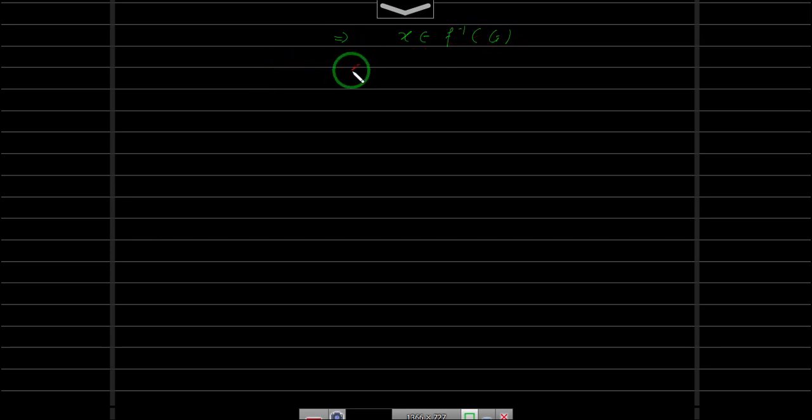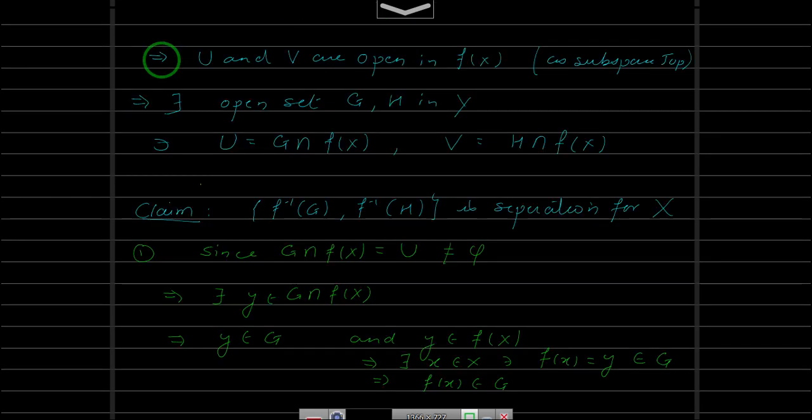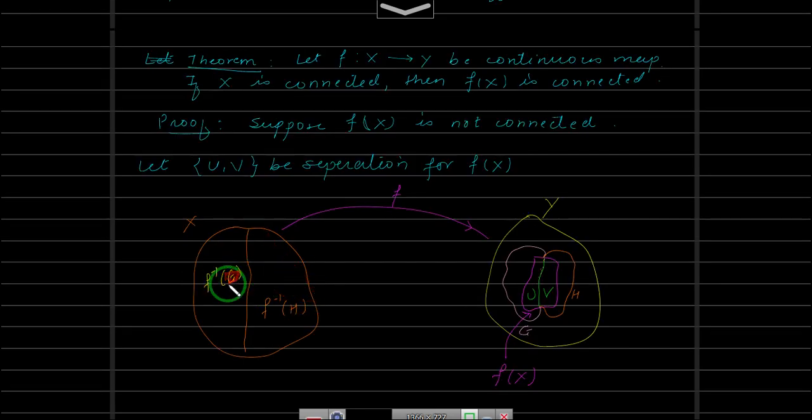Hence, f inverse of G is non-empty because we found one point in the inverse image of G. Of course, this x will be in X. Right? If you see, this x is in X, in the domain. So what we proved is there is some x in X such that f inverse of G is non-empty.